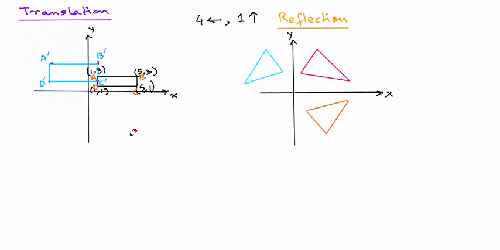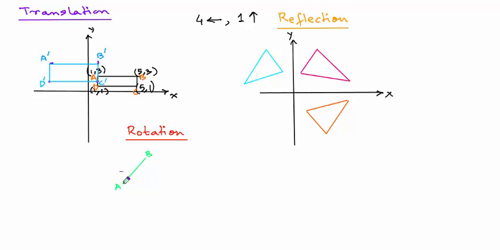The next type, or the third type of transformation we are going to talk about, is called rotation. Imagine you have a straight line, let's call it AB, and you want to rotate the straight line in the clockwise direction, let's say by an angle of 90 degrees, keeping the position of this point A fixed, as if you have pinned down this point A and you are trying to rotate this.